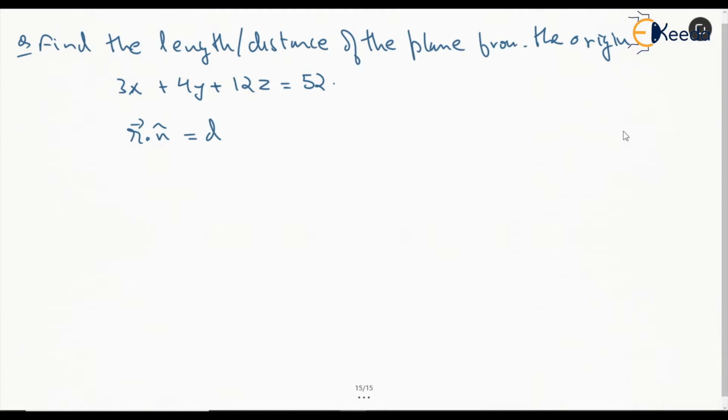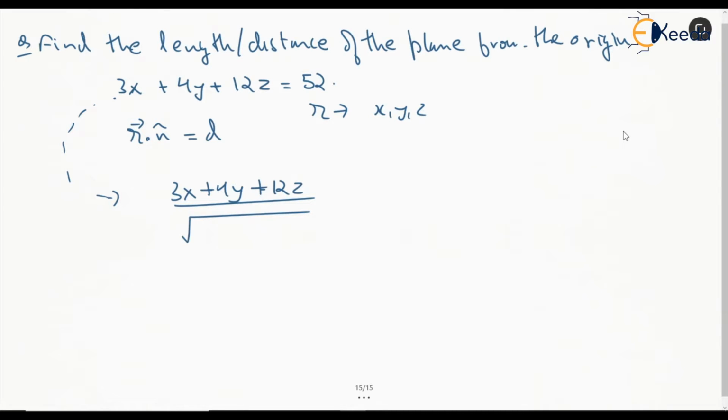So with r equal to components x, y and z, if we check this equation again, we can reform this as 3x plus 4y plus 12z divided by under root of 3 square plus 4 square plus 12 square, equal to 52 divided by the same 3 square plus 4 square plus 12 square. Why did we do this?